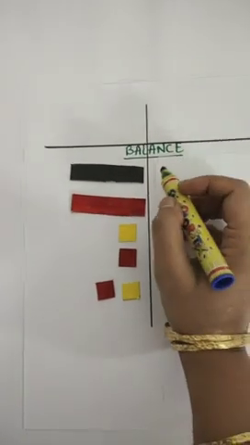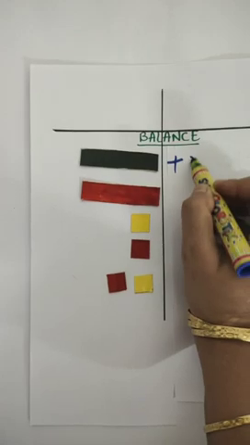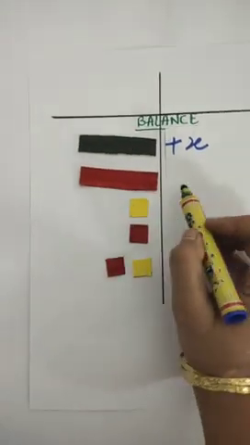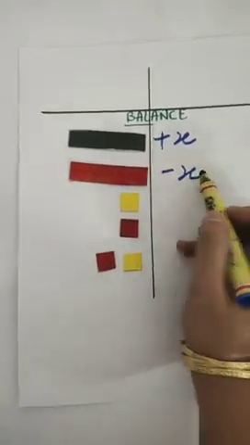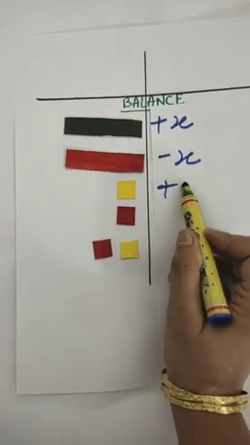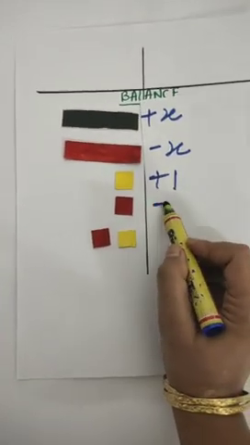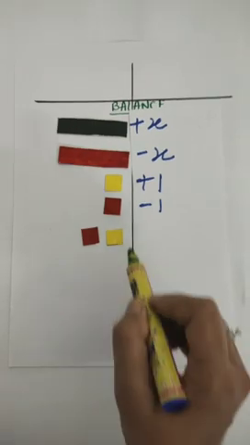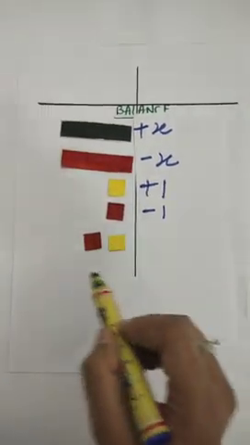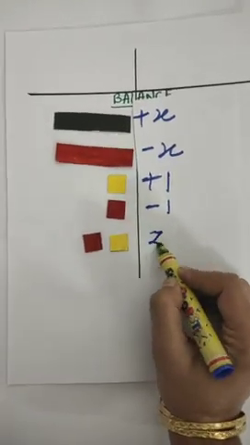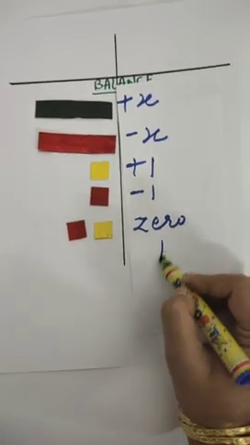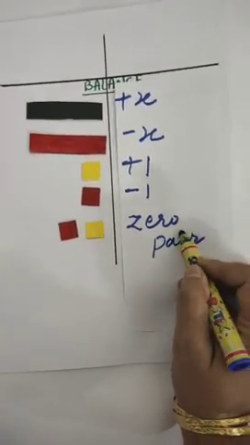The green tile we are taking as plus x, and the red as minus x, yellow plus 1, red minus 1, and these together, as you know, plus 1 minus 1 together becomes 0. So the value of this pair is 0. We can call it a zero pair.